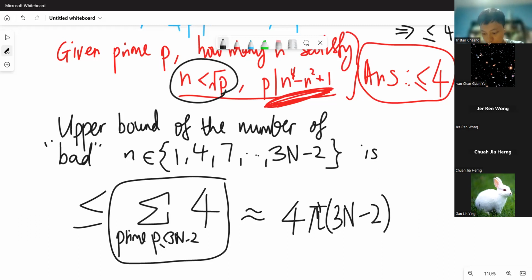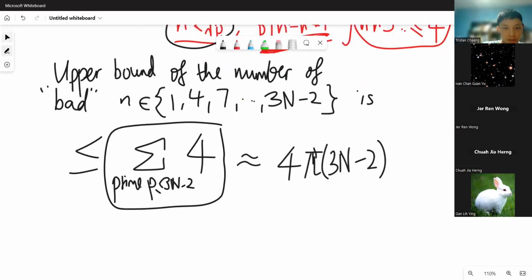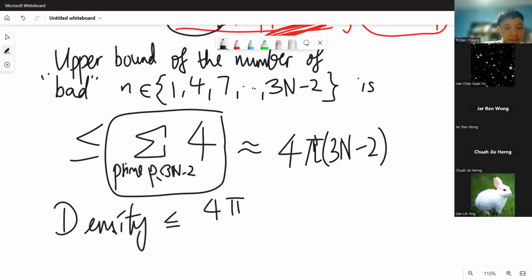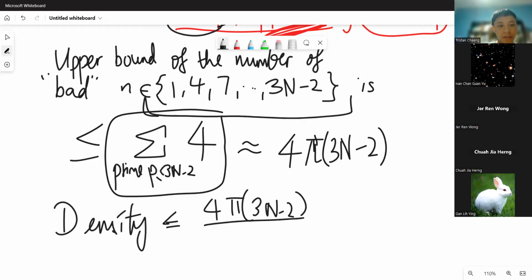Okay, pi of 3n minus 2. So what's the density? Density is at most 4 pi of 3n minus 2 over, how many elements are there here that we're talking about?